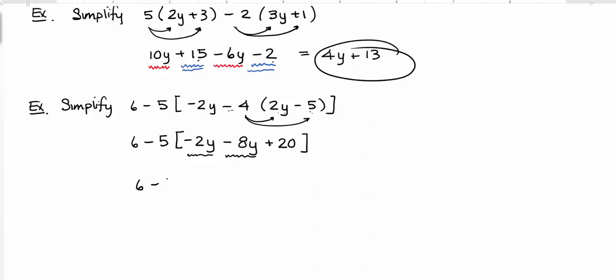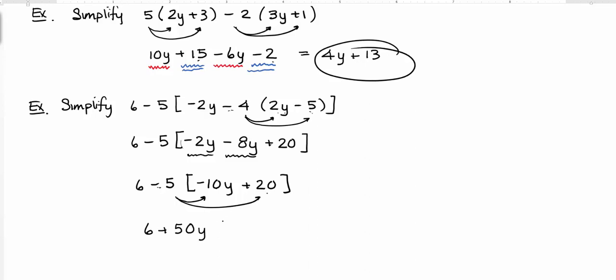Before I start distributing this 5, I like to simplify as much as I can inside. So I have 6 minus 5 times the quantity. These two get combined, and I get negative 10y plus 20. Now nothing can get simplified any further inside, so I can go ahead and distribute this negative 5. I have 6. Negative 5 times negative 10y is plus 50y.